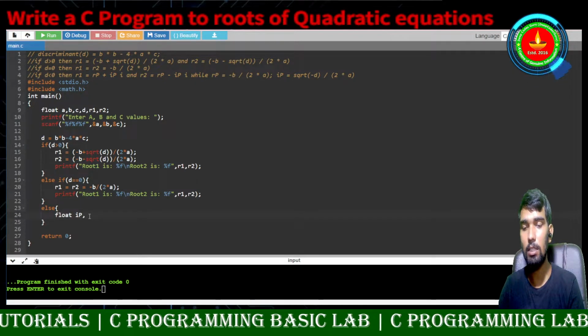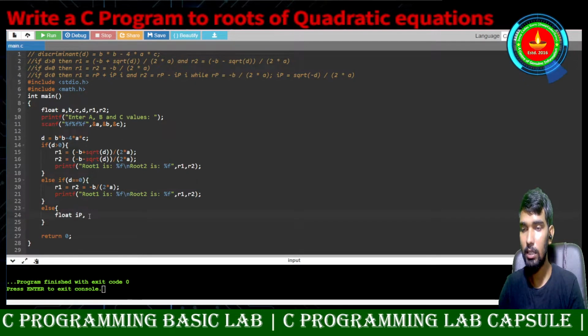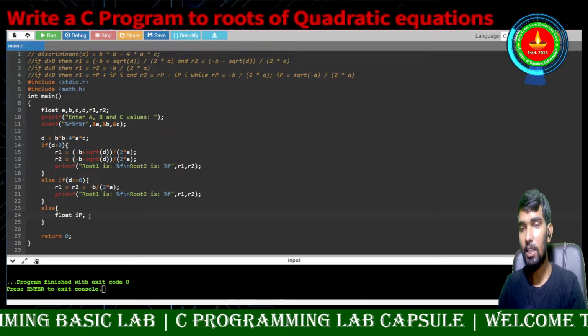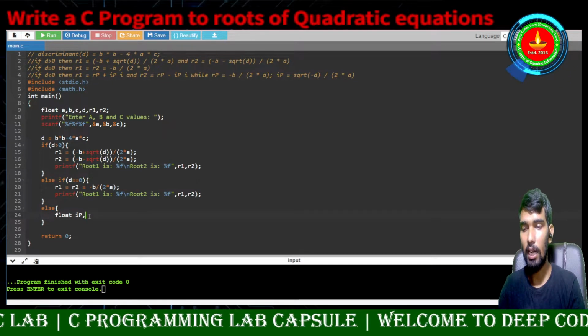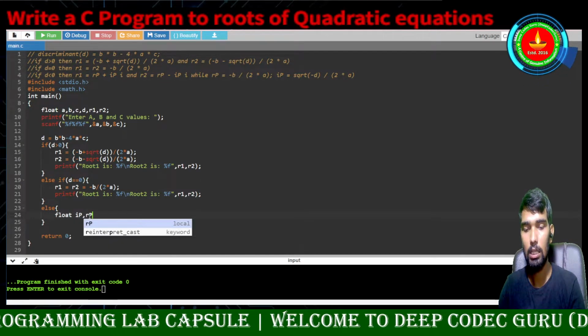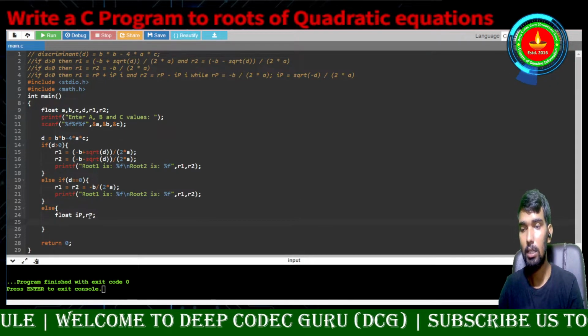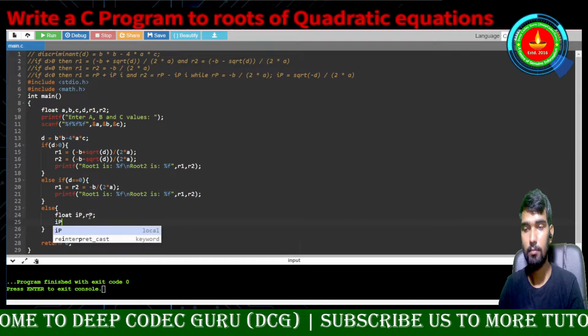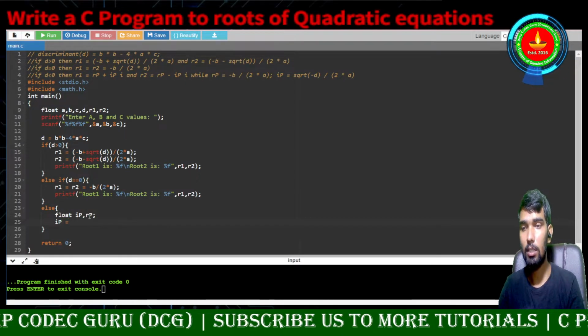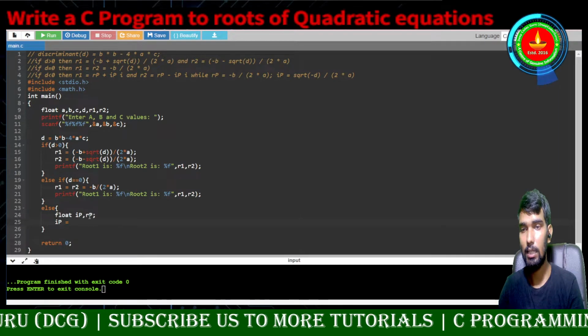So this is the new concept I am introducing for your better understanding. One by one I am doing additional things, so you can understand everything slowly. So now we are going to calculate the imaginary part and the real part.